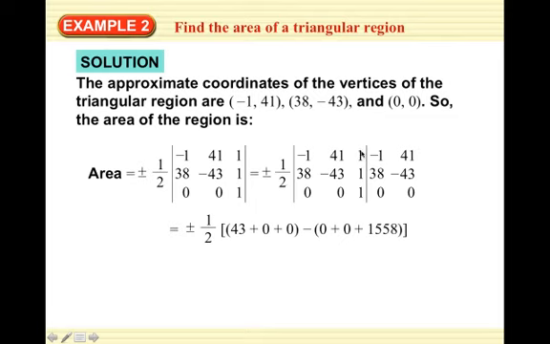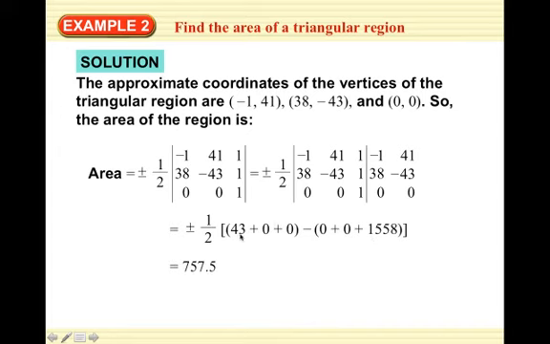And then the final main diagonal, 1 times 38 times 0 is 0. And then we're going to do minus, and we'll go back and get our minor diagonals. So 0 times negative 43 times 1 is 0, plus 0 times 1 times negative 1 is 0, plus 1 times 38 times 41 is 38 times 41, which is 1,558.